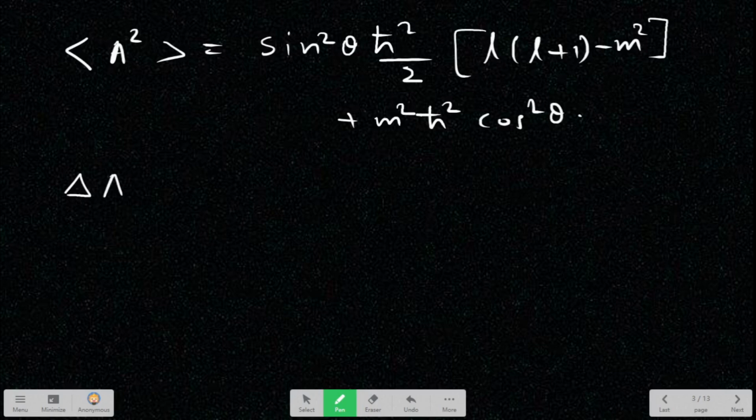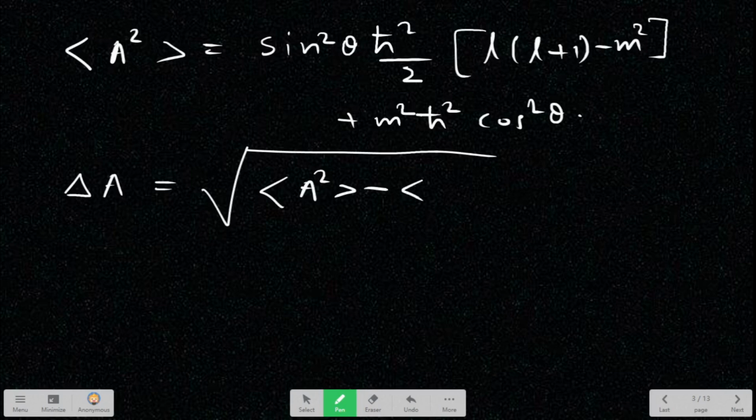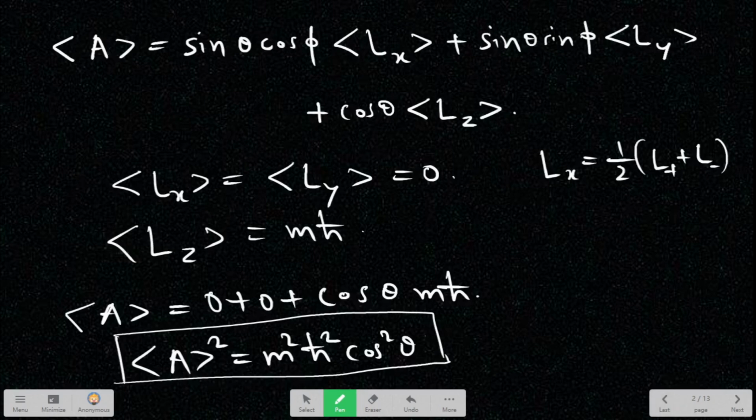Therefore width delta A is equal to under root of A square expectation value minus A expectation value the whole square. A expectation value the whole square is this thing, m square h bar square cos square theta.